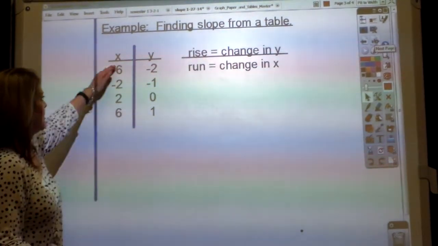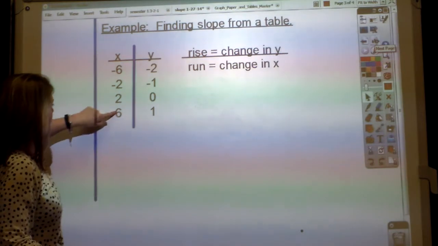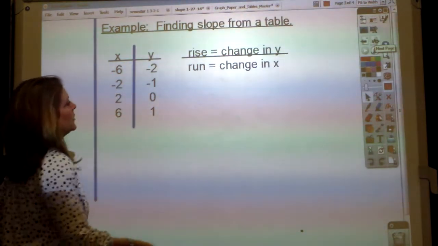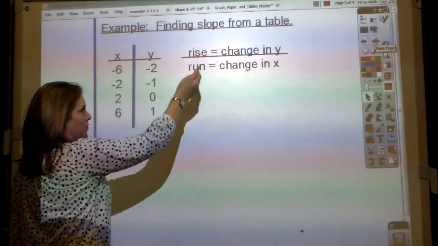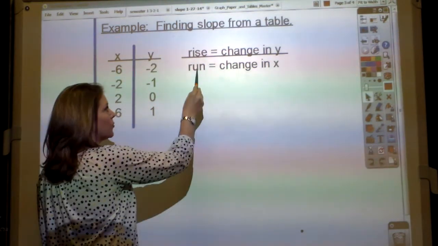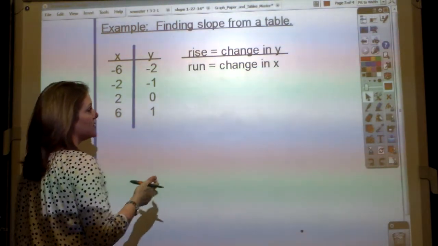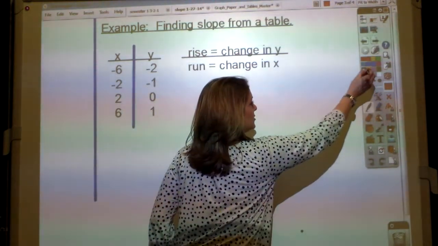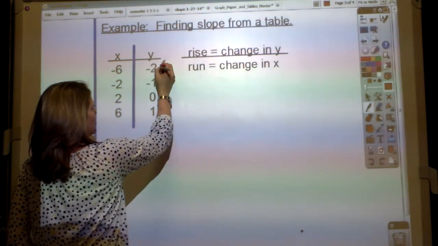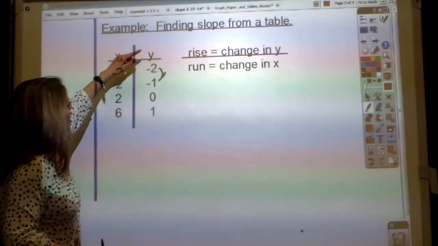Now let's look at an example of how we can find slope from a table. You have your x's and you have your y's. So again, we're going to look at the rise over the run. Remember that the rise is that vertical or the change in y. The run is the horizontal or the change in x. So this is very similar to what we did with rate of change. We're going to look at these y's first. How do those y values change?